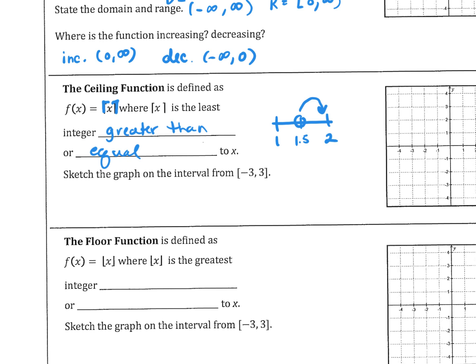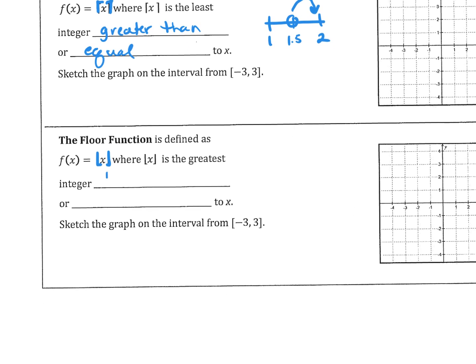Now a floor function does the exact opposite. Notice where the brackets are on the floor function. Floor function, the bracket part is at the bottom. So if the ceiling function is greater than or equal to, what do you suppose the floor function is? Less than or equal to.